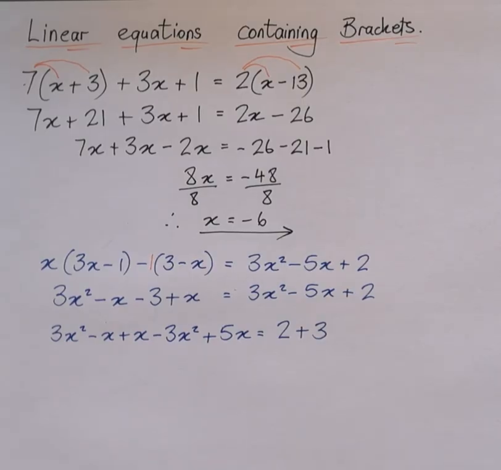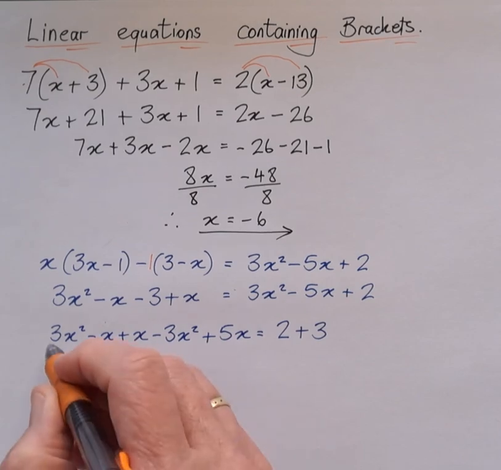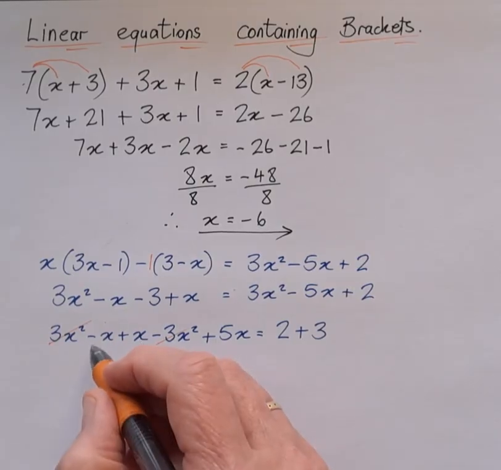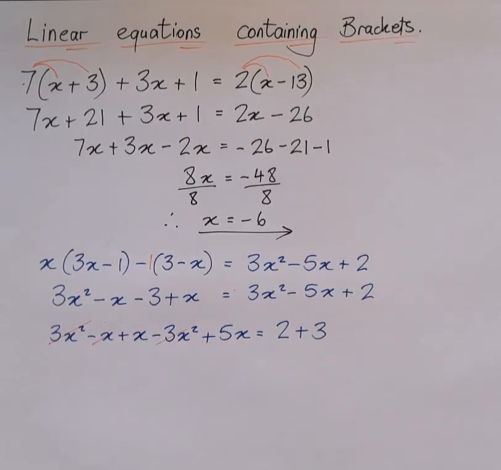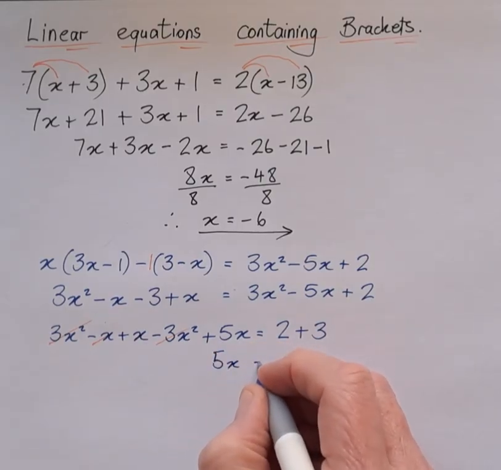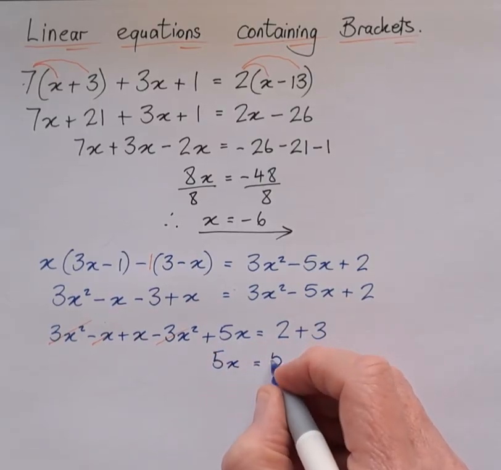Well, here I've also got 3x squared minus 3x squared. Anything minus exactly the same thing is going to give me 0, which basically means they're going to disappear. Negative x plus x, they're going to disappear. So all I'm left with is 5x, and 2 plus 3 is 5.